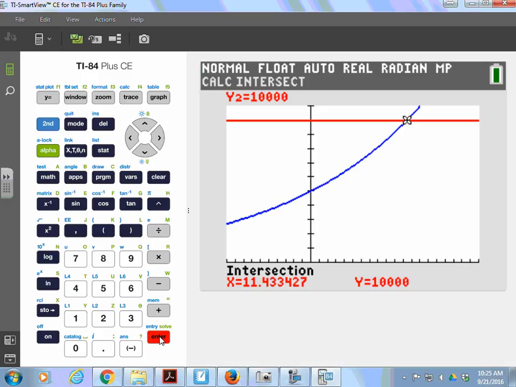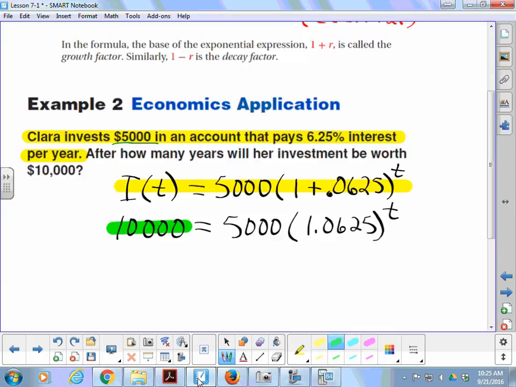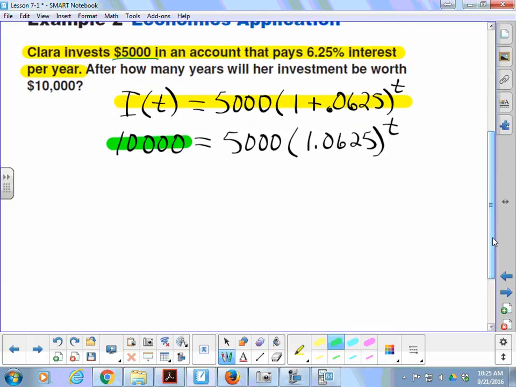So we are going to make a statement. Okay? So we've got 2 things here. We're going to say t with our answer. T is approximately 11.43 years. Okay, and we're making a statement.